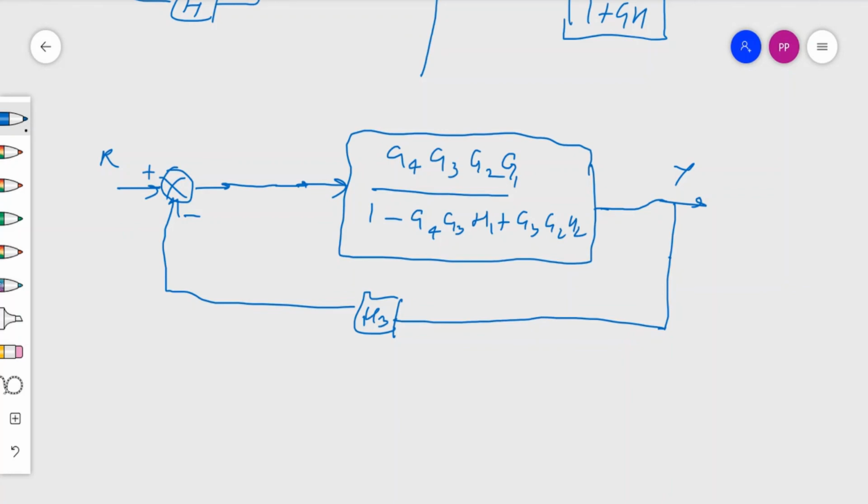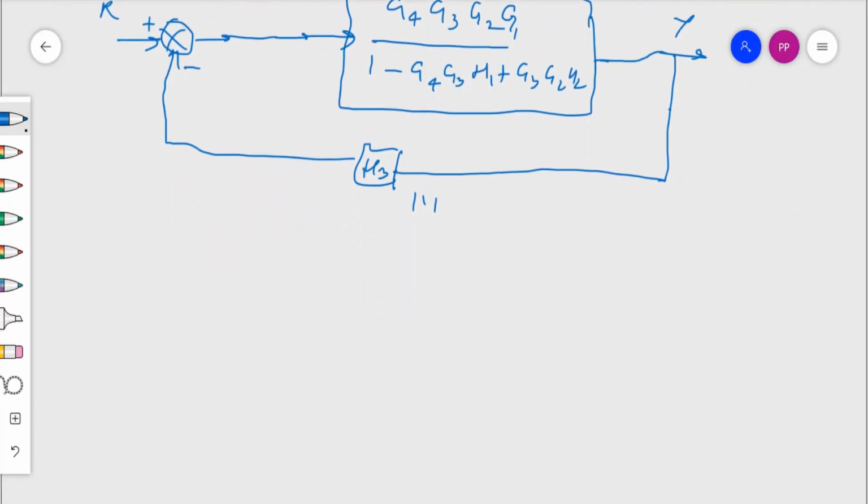So eventually this block is again a negative feedback block, which can be written equivalently to, so this is equivalent to the block.